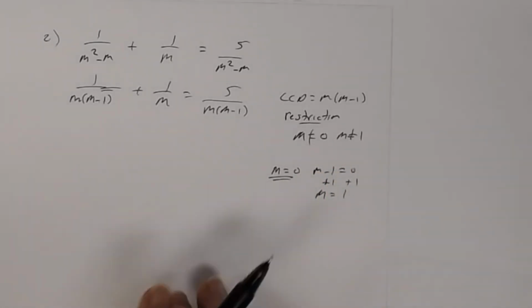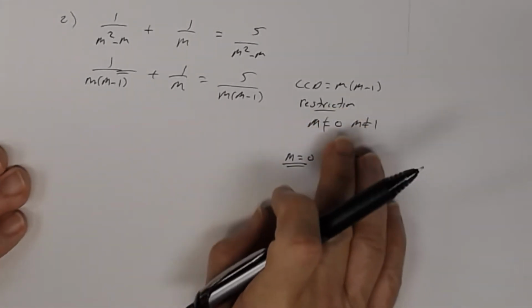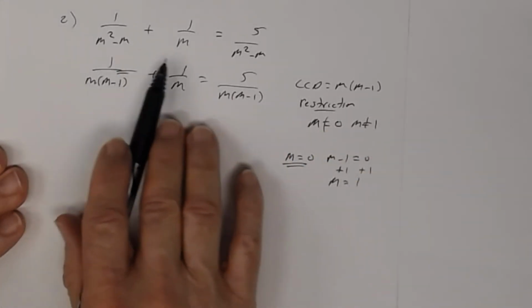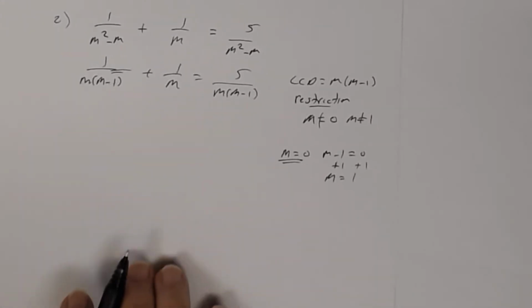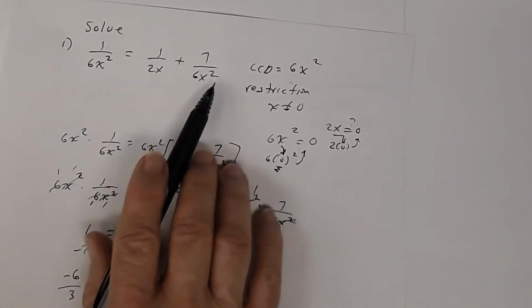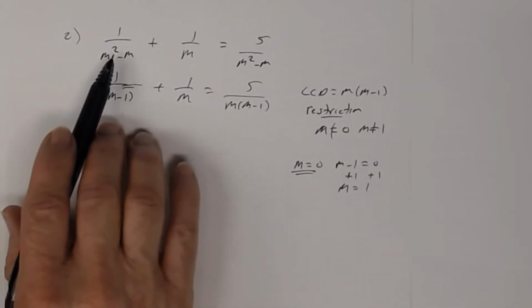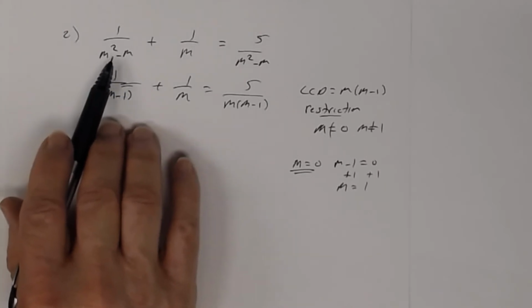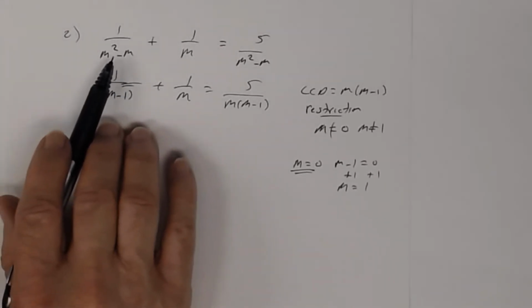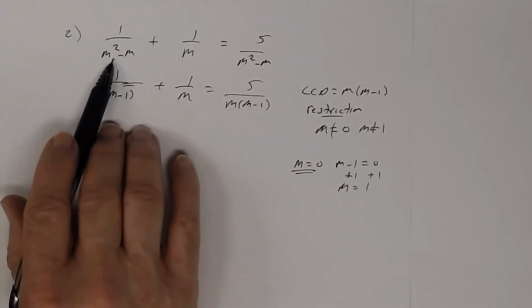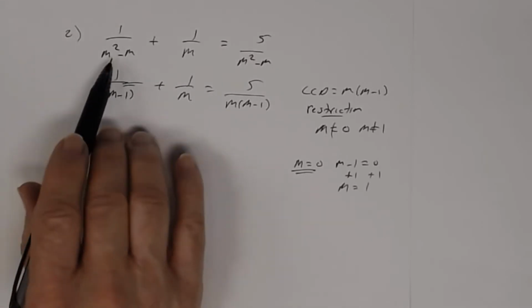All right? Now, once you find your least common denominator and your restrictions, remember, before I found that least common denominator, I had to factor. And notice that I didn't do that in the other one, because those were monomial factors. Here I notice that this is a binomial, so we need to see if we can factor this in a different way, either using a GCF, which I did, or a difference of two squares or something like that, which it's not.